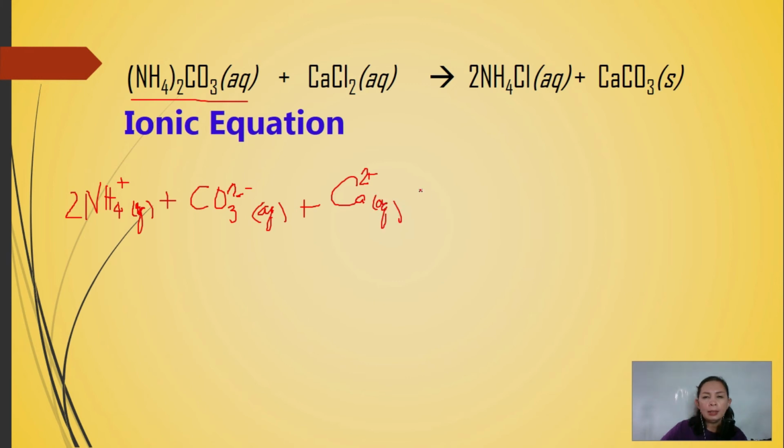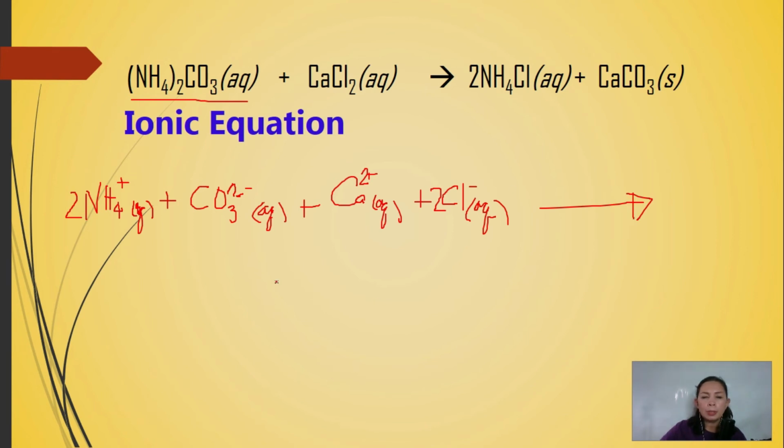And then plus chlorine ion. We have here a subscript of 2, meaning we have 2 chlorine ions, negative, and then AQ. And then forming, so let's write the products below.